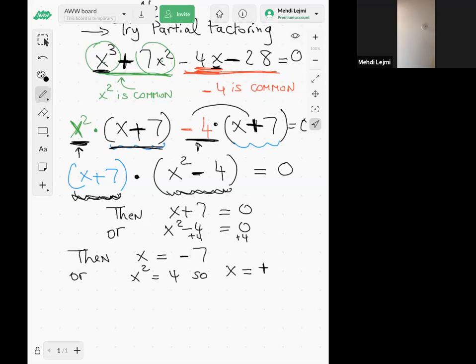Don't forget the plus or minus because you have an even power. So it's plus or minus square root of 4. So then x is plus or minus 2. So anyway, what we are saying is that, as expected, we got 3 solutions. We got -7, and we got positive or negative 2. All right, so as expected, we have 3 roots.